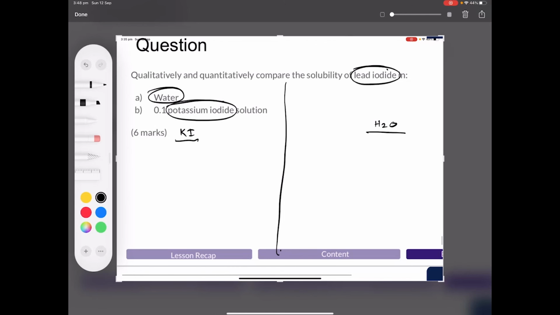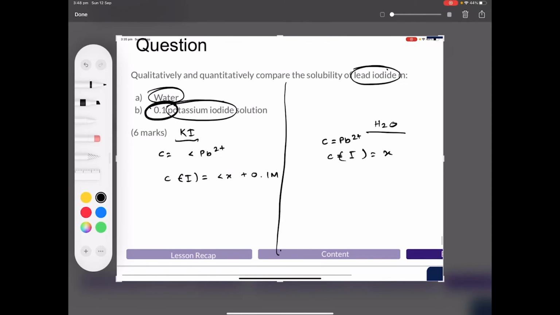The reason being, everyone, what you're trying to show is that in water, the concentration of lead ions is a particular amount, and in potassium iodide, there are slightly less lead ions. That is what you want to show to prove the common ion effect. If you're looking at iodide ions, you're going to find the concentration of iodide ions is equal to X. And here you're going to find the concentration of iodide is going to be slightly less than X, but you're going to have 0.1 moles per liter added to it from the potassium iodide.